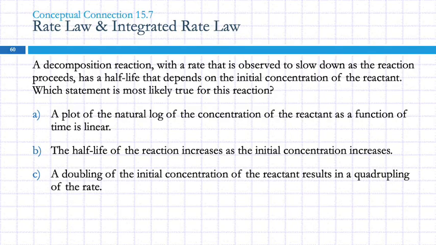So A is a first order reaction. The half-life increases as the initial concentration increases. You're like, I'm going to have to think about that one. Let's look at this one. Doubling the initial concentration quadruples the rate. What order is that one? Second.